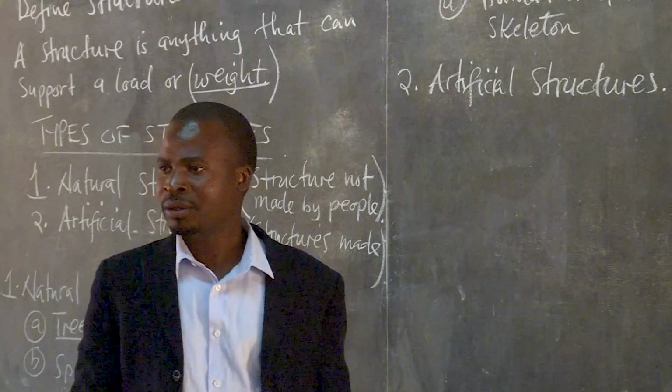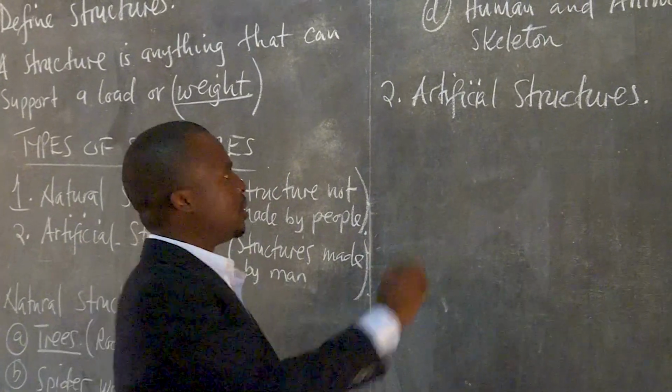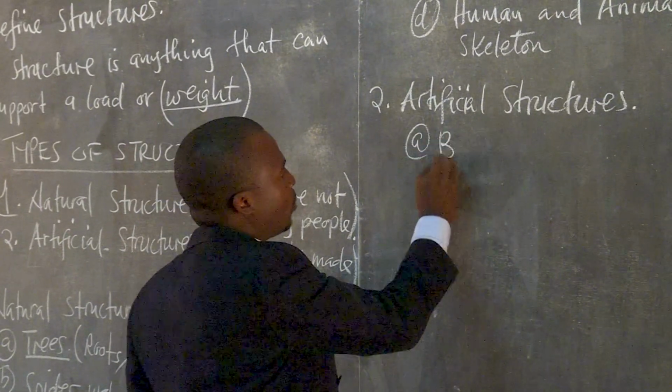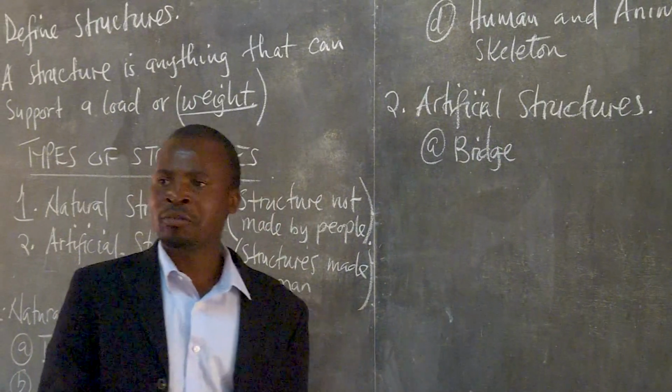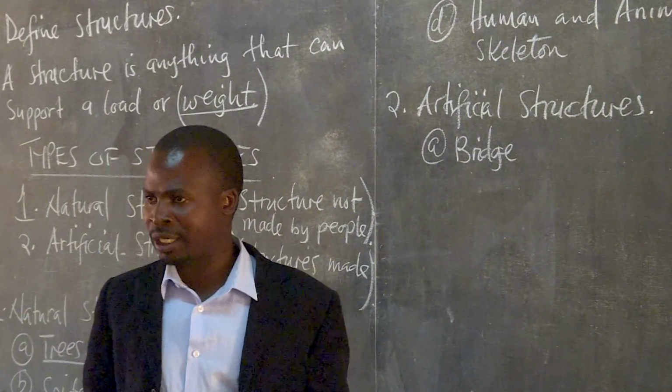Yes, Samuel: a bridge. So we have a bridge as an example of an artificial structure.